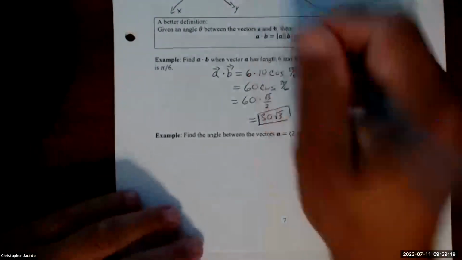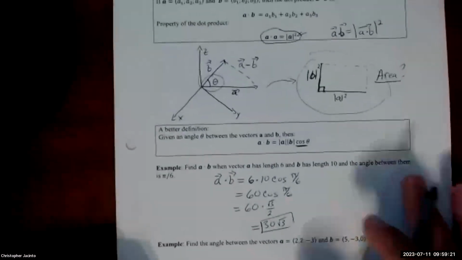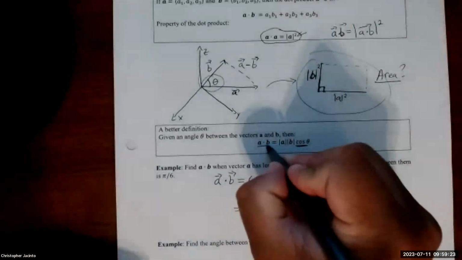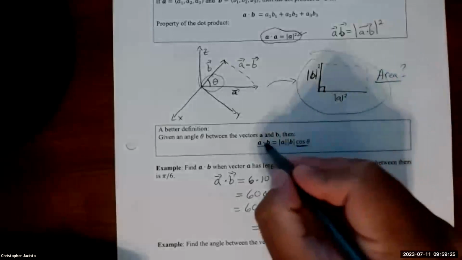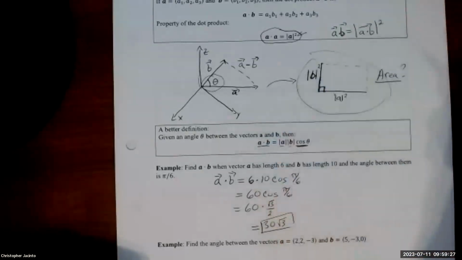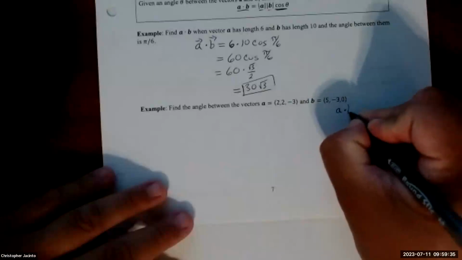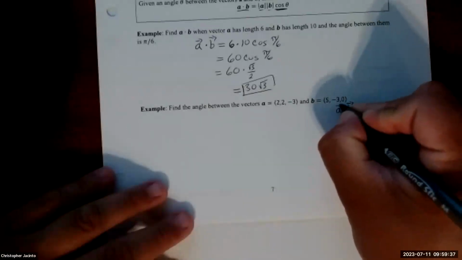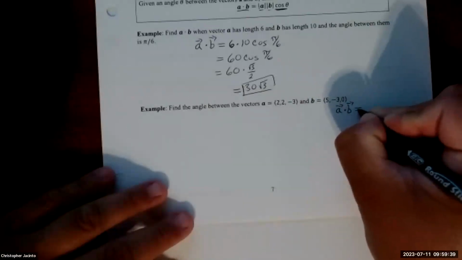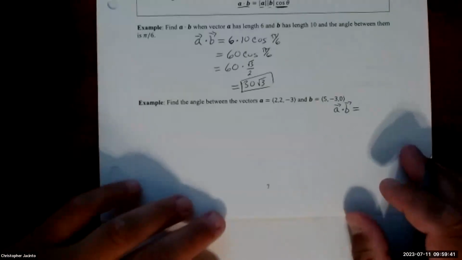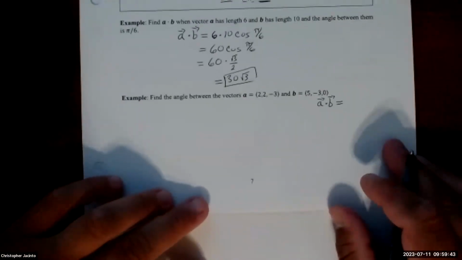Okay. So we actually have to use both definitions to help us out, because we don't know the dot product of each one. We can find it, and we can find the length of each one itself, right? So it's going to be a pretty lengthy problem. Let's first start with the dot product. Let's first find A dot B. And remember, all that is just multiplying each component together and then adding them up.